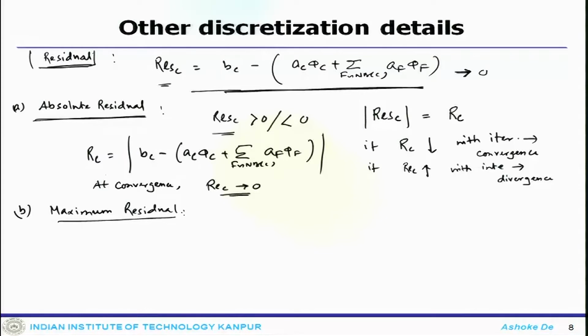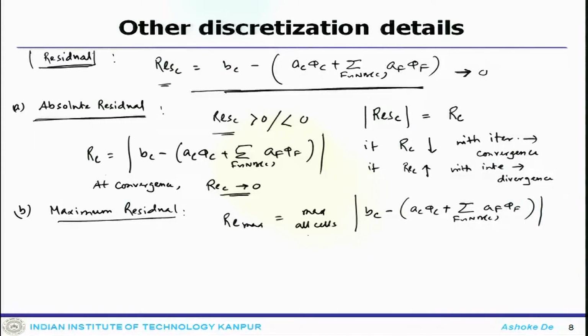The maximum residual is defined as RC max, which is the maximum over all cells of the magnitude of BC minus AC phi C plus the summation over all the neighboring elements.